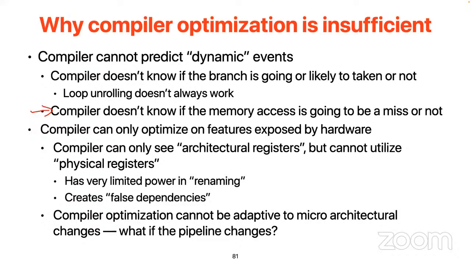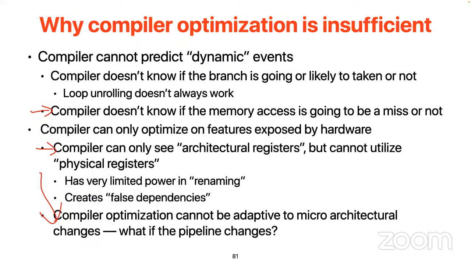And the other thing is that the compiler can only see architectural registers, but cannot utilize those physical registers that a modern processor provides. And compiler optimization cannot be adaptive to any microarchitectural changes. For example, if your pipeline gets deeper, or if you have a new feature in the pipeline, you have to recompile your code.